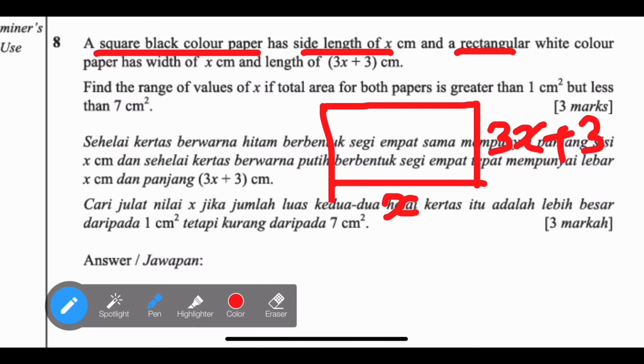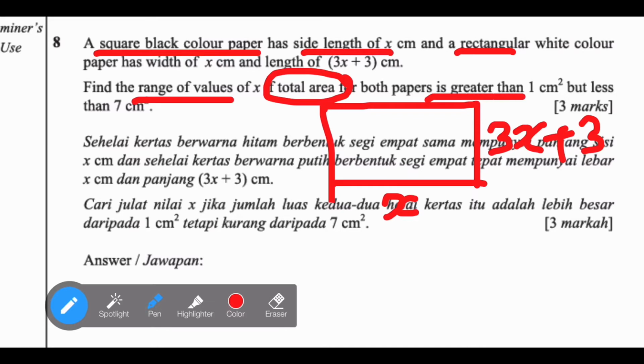After you understand this question, you have to plan your strategy. When you want to understand the question, you have to identify the keywords, for example total area and range of values of x. Highlight or circle all the keywords.